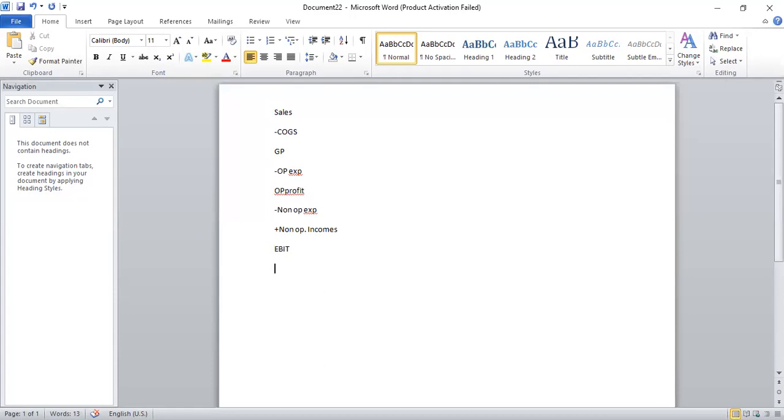So out of EBIT, the first preference is given to interest. Less interest. This is called as EBT, earnings before tax. Then we have it as less tax. This is called as EAT, earnings after tax. After that, the first preference is given to preference shareholders.